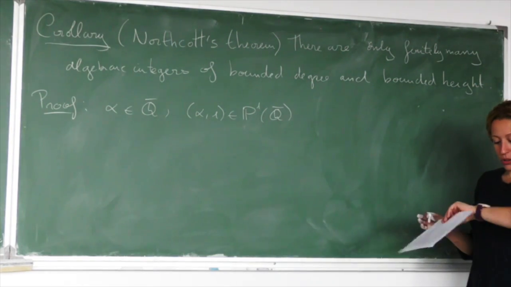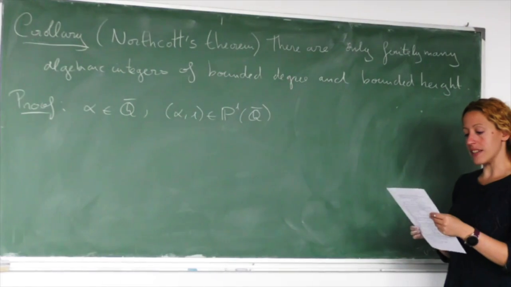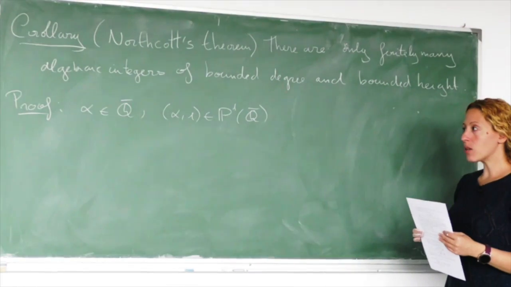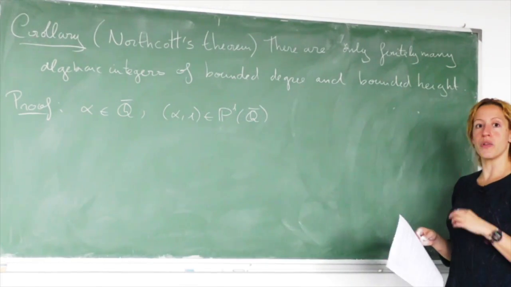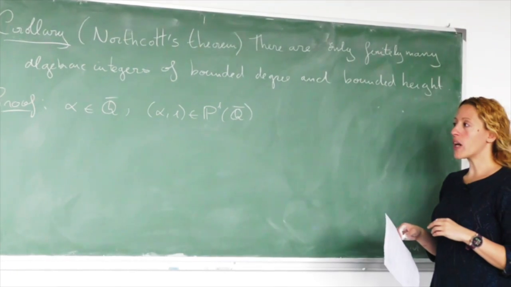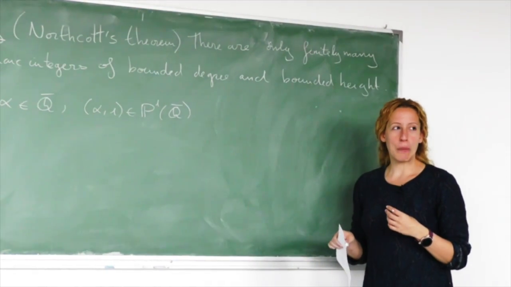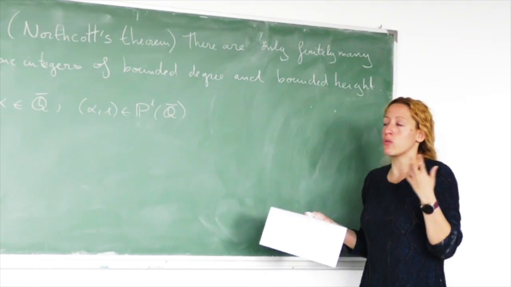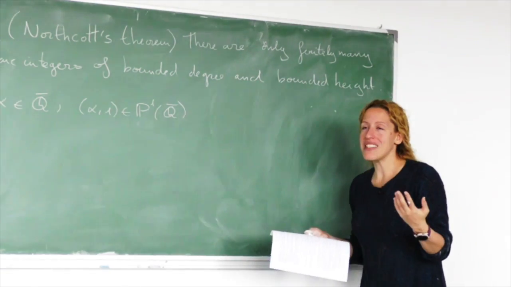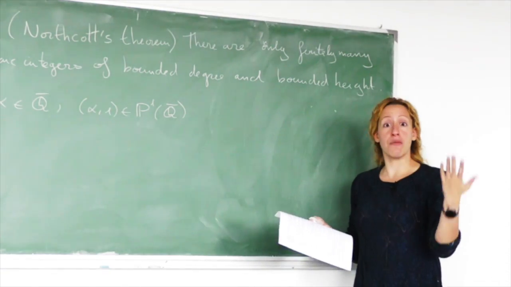Okay, so I'm just going to finish for today with the next theorem. It's a theorem that starts to play a little bit more with the geometry, right? Because we have defined this height for points in a projective space, but now you can imagine that what we want to do at some point is define the height for points in varieties.